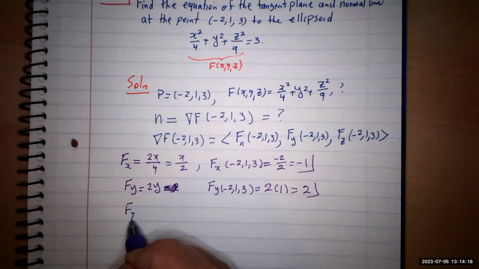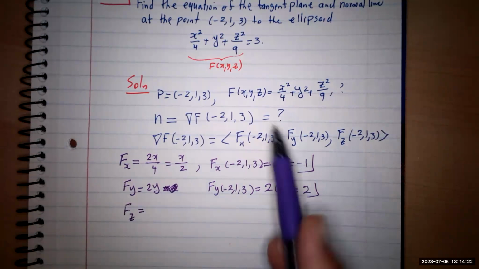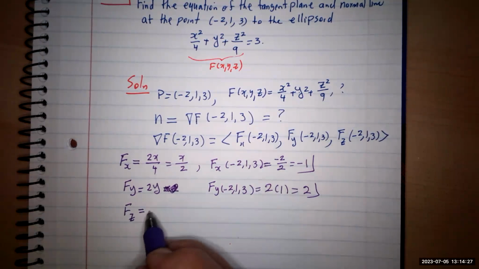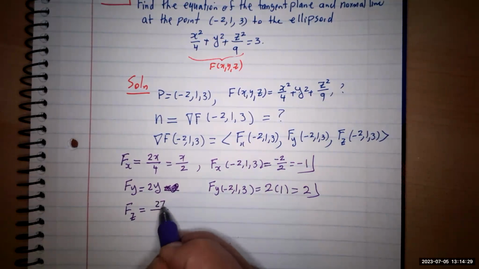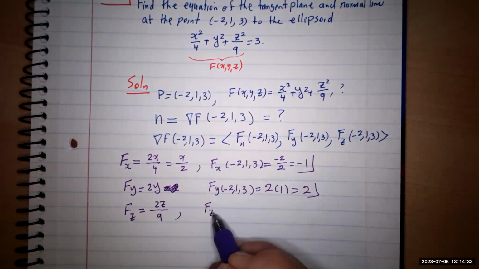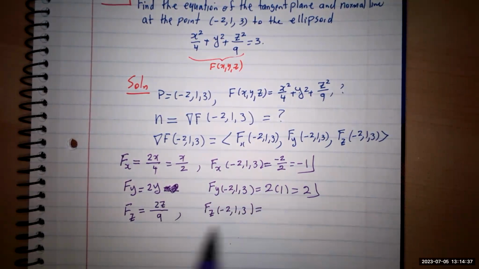Okay, then go for the f sub z. With respect to z, 2z over 9. So that gives me 2z over 9. Okay, so evaluate it at -2, 1, 3. Z is equal to 3.